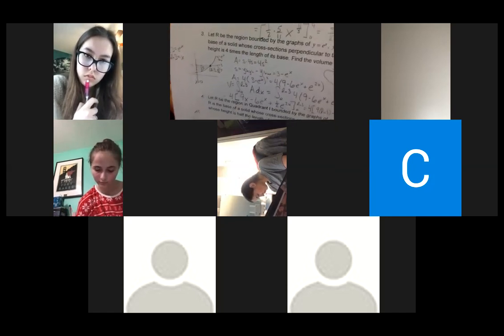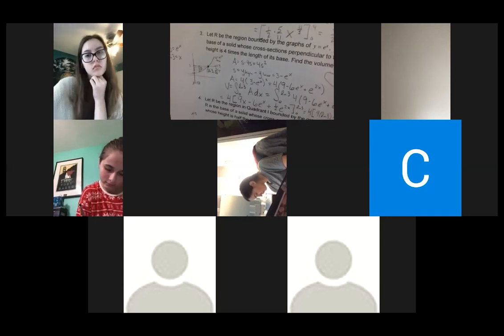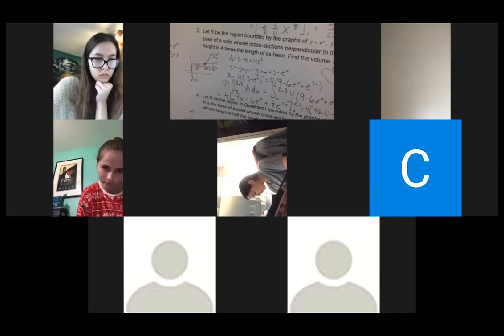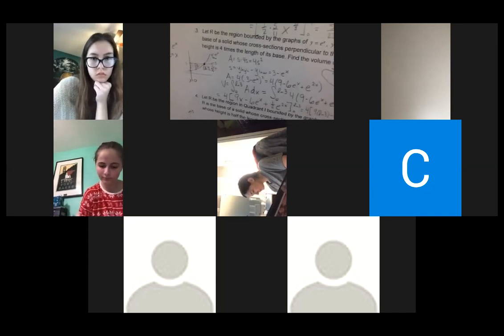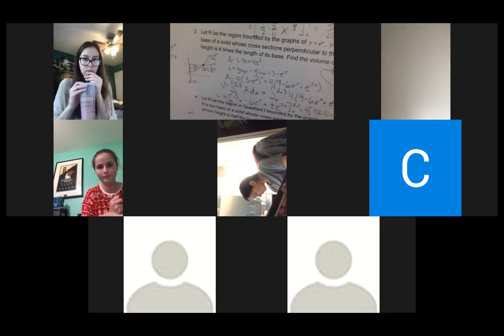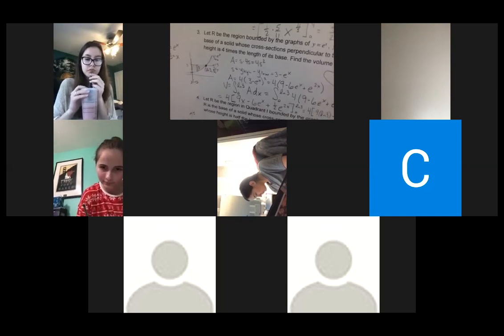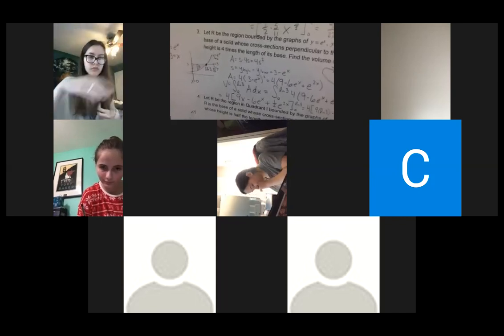So what I have written at the top, that A equals the side times 4 times the side, is just showing the area of the rectangle, because the rectangle has the base in the xy plane that has the side length there, and then the height of the rectangle is 4 times as high, so the height would be 4s. And so my area I wrote was s times 4s for the area of that rectangle.